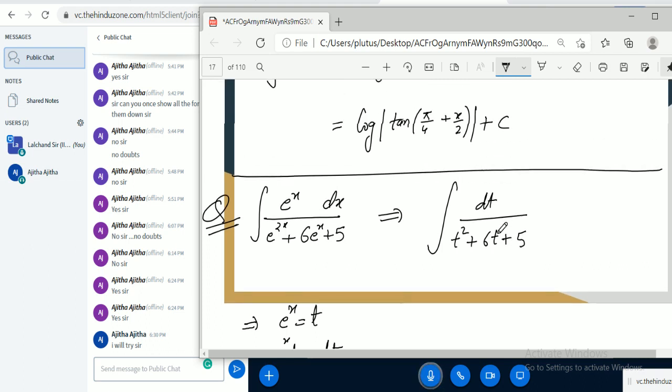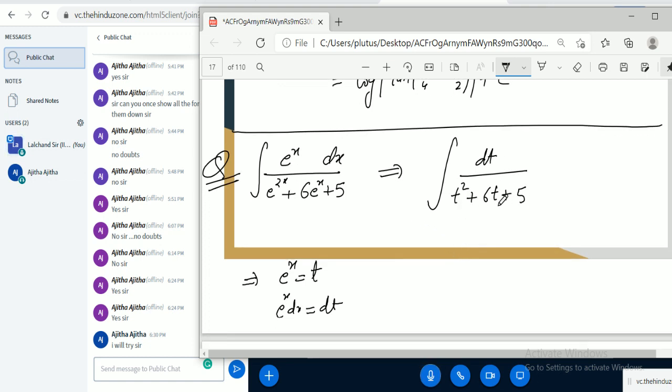Because this is a quadratic equation. So how to solve this quadratic equation? By making a whole square. Okay. So how to make whole square? So this is a square, this term will be 2ab. So what is required for b square?